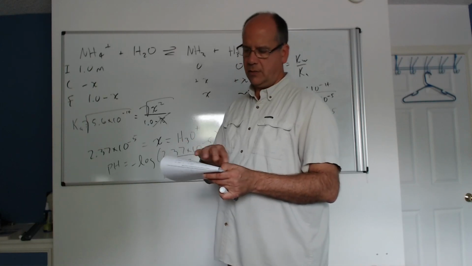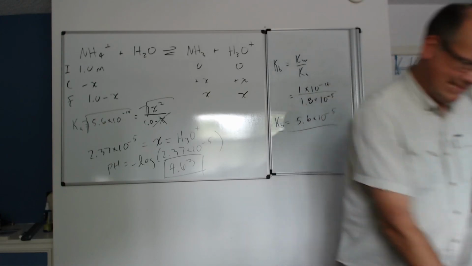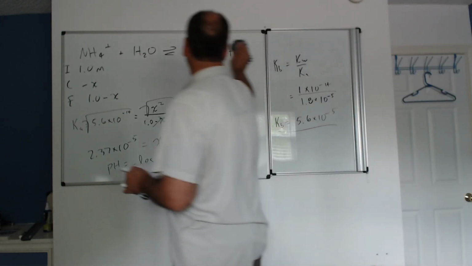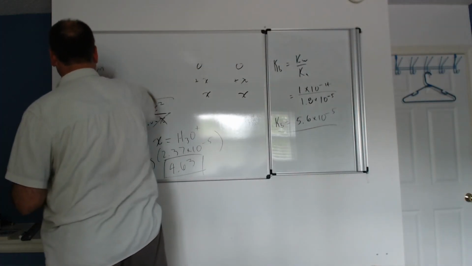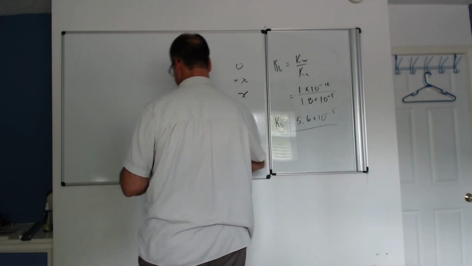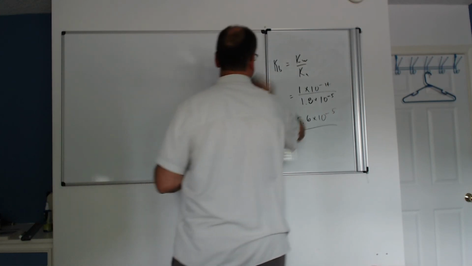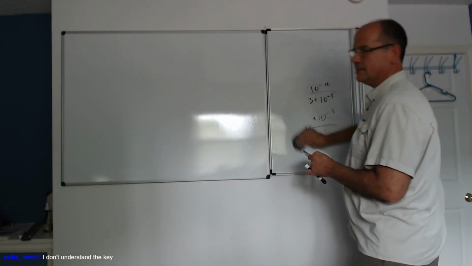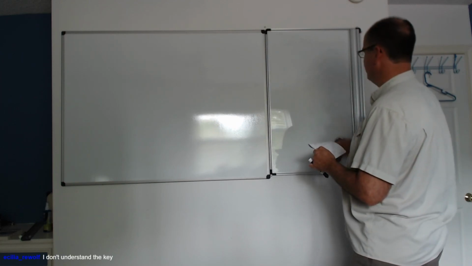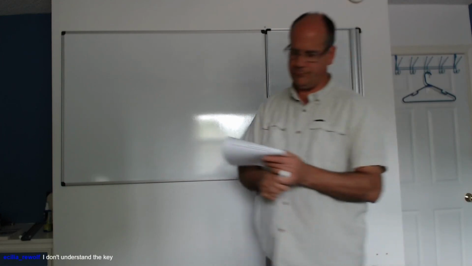Because I sent a worked out solution of that one. Crickets? Nobody's saying anything? They don't understand the key. Okay, so you've seen the key, you don't understand the key. Okay.